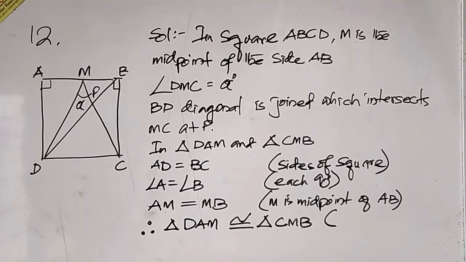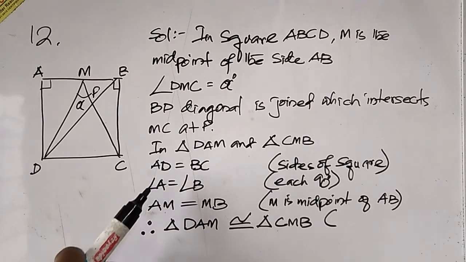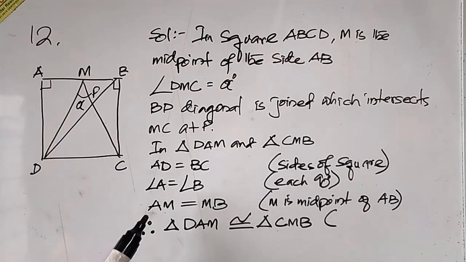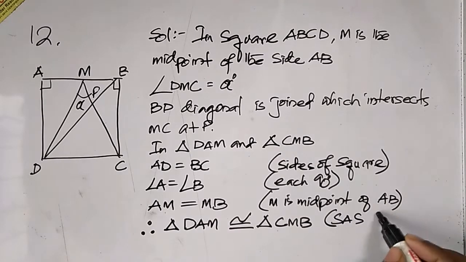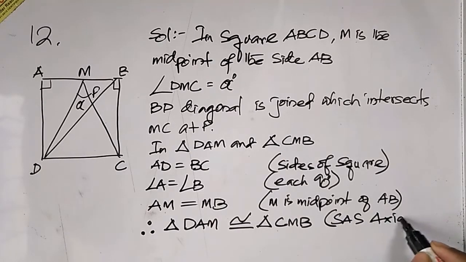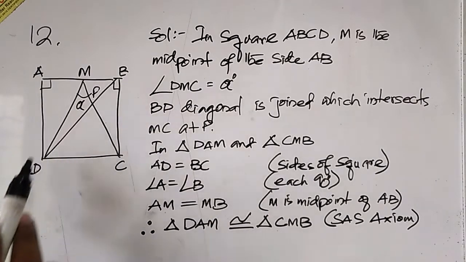And what's the reason we can give? We have one side, we have one angle, and we have one side. That means which axiom should we be using? We have two sides and one angle, so that obviously will be the side angle side axiom. Right? And because these two triangles are congruent to each other, that is the reason why MD, right?